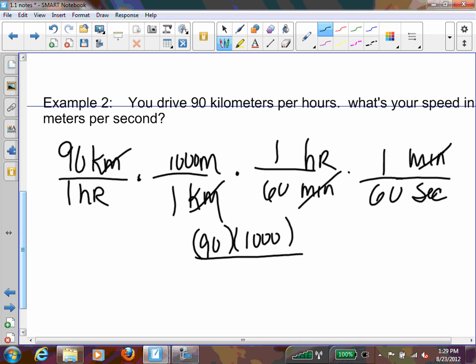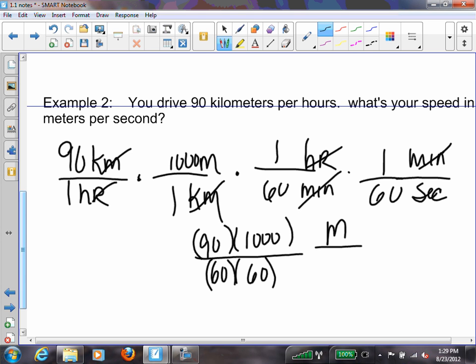And in the denominator, I have 60 times 60. And my units are going to be, what's the unit up top? Meters. And the unit in the denominator? Seconds. And I was looking for meters per second, so I'm done. And so you'd multiply that on your calculator.